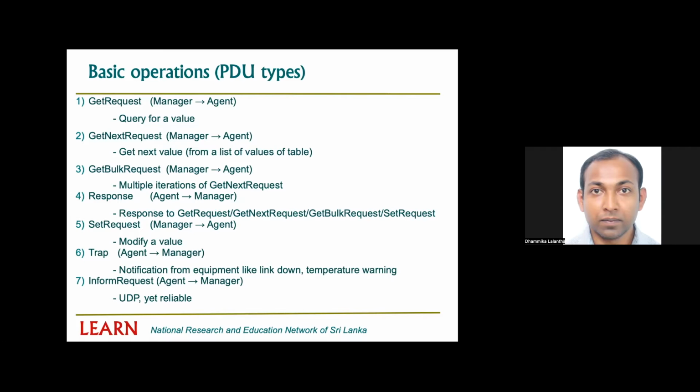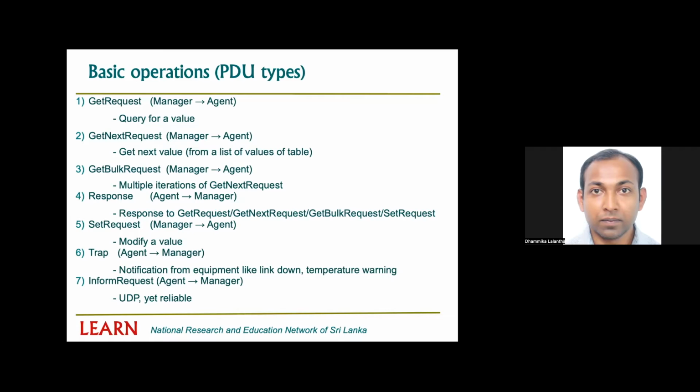In that case, if you first get the interface number one value, then this get next request will give the interface index number two traffic counters. So that is used to get the next data of the same table.